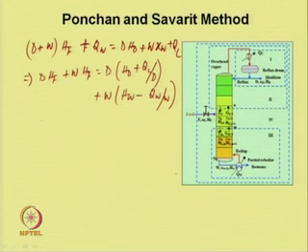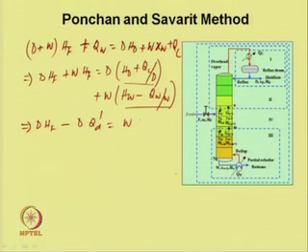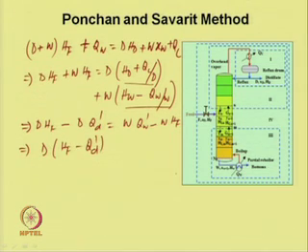From this we can write D (H F minus Q D dash) is equal to W (Q W dash minus H F).